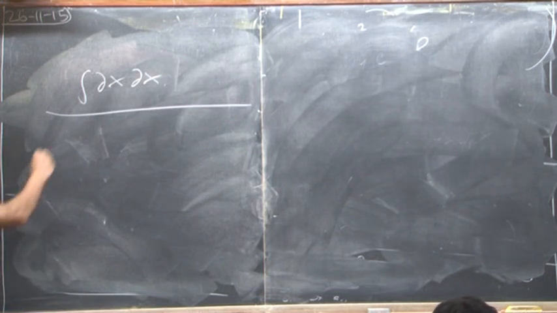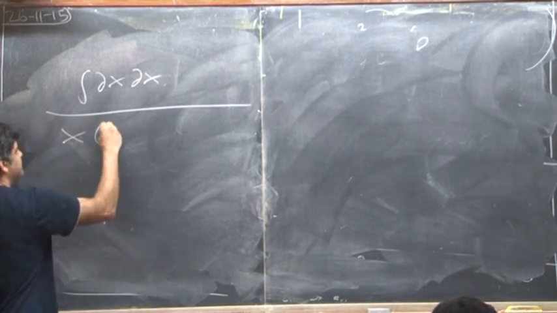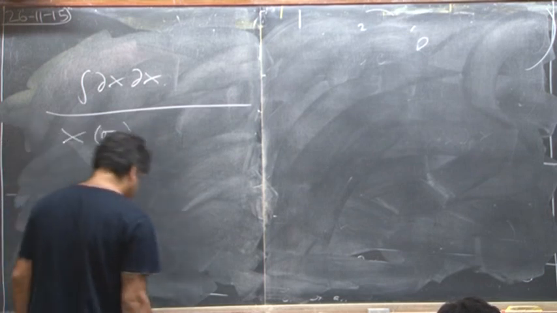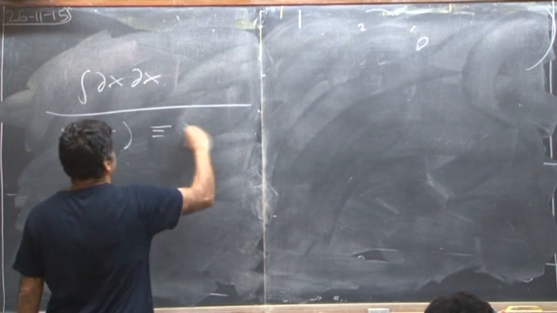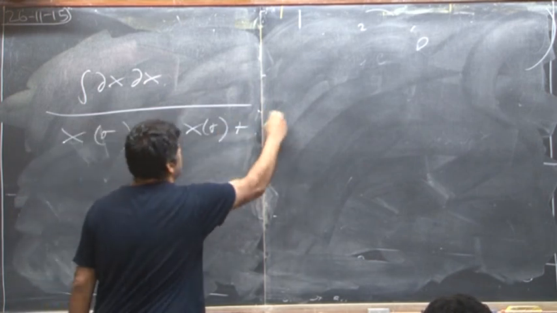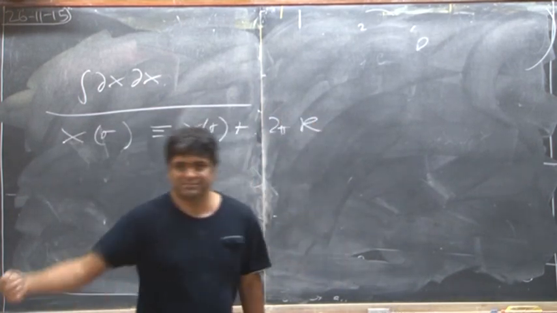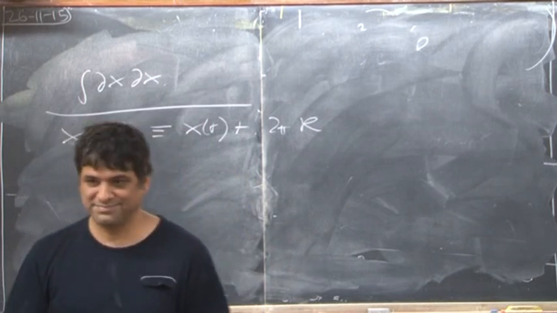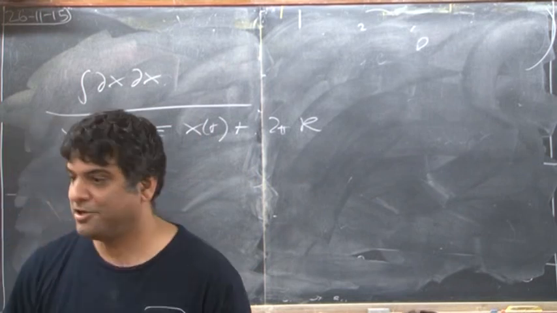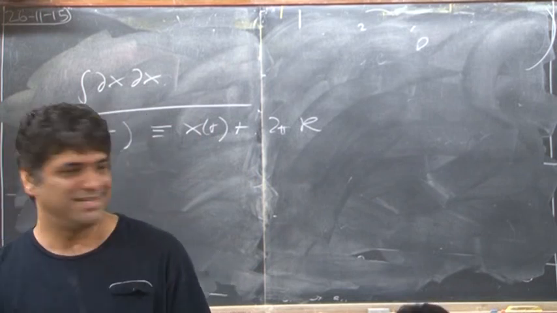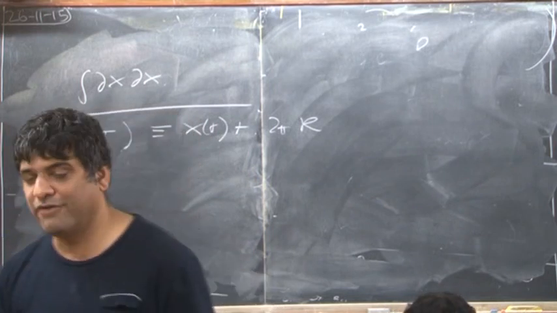The first modding out is simply x of sigma is identified with x of sigma plus 2 pi times a constant. This gives you strings propagating not on flat space but on a circle of radius r.